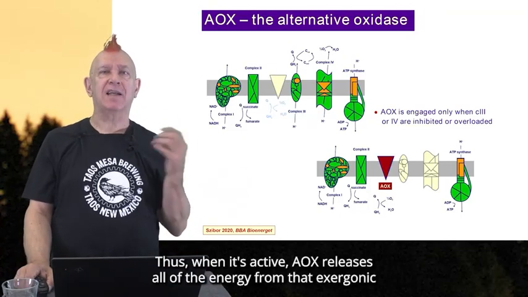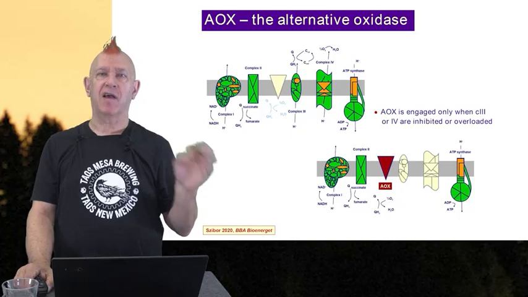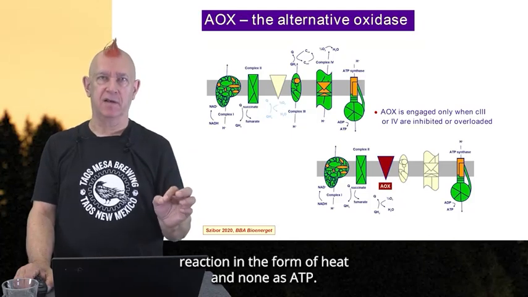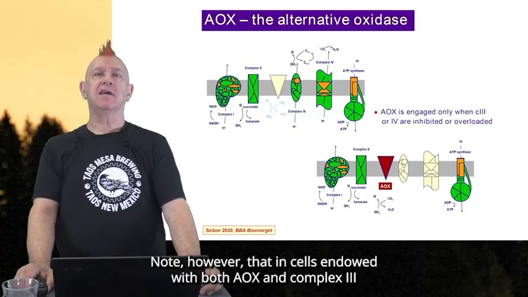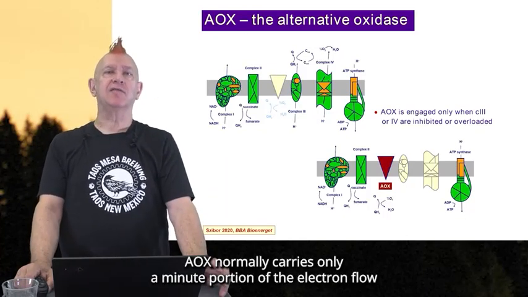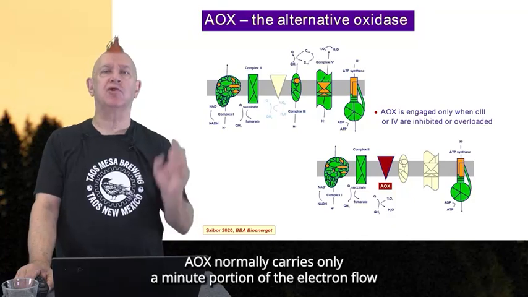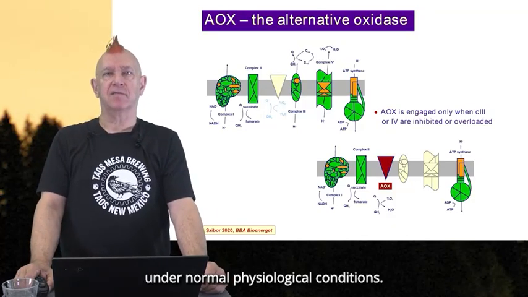Thus, when it's active, AOX releases all of the energy from that exergonic reaction in the form of heat, and none as ATP. Note, however, that in cells endowed with both AOX and complex 3, AOX normally carries only a minute portion of the electron flow under normal physiological conditions.